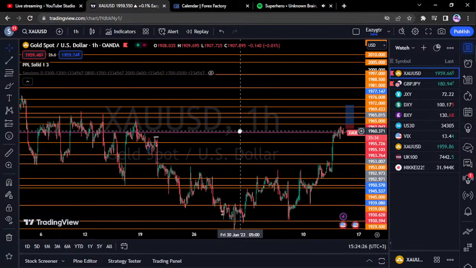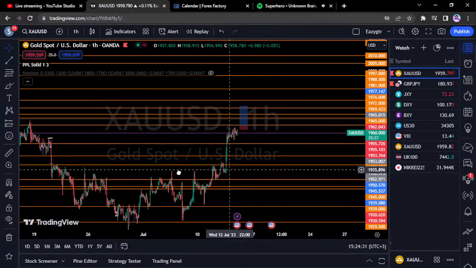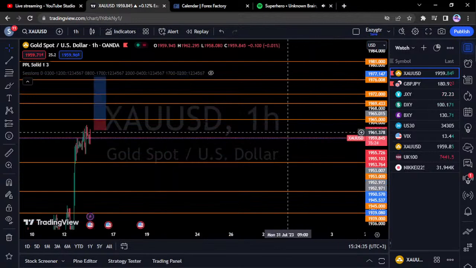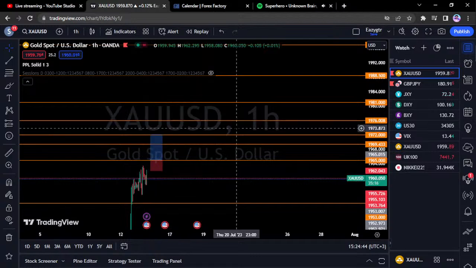We have clean price action above 1965 all the way to the 1970s, which were our targets during the analysis yesterday, for 100 pips. I'm going to start with 1972 with that 70 plus pips. That will be the first trade.